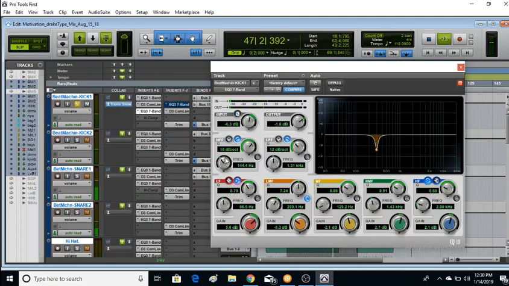So, Q, frequency, gain, and of course our on and off button for each of these input and outputs. Phase cancellation button, or a phase button, phase shift button, goes by a lot of different names.